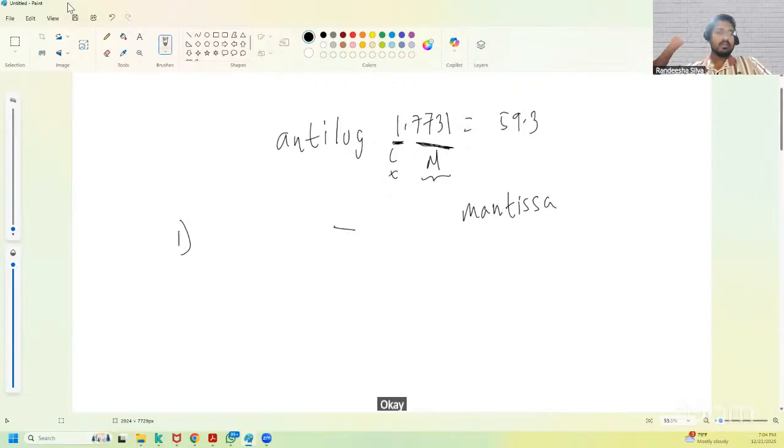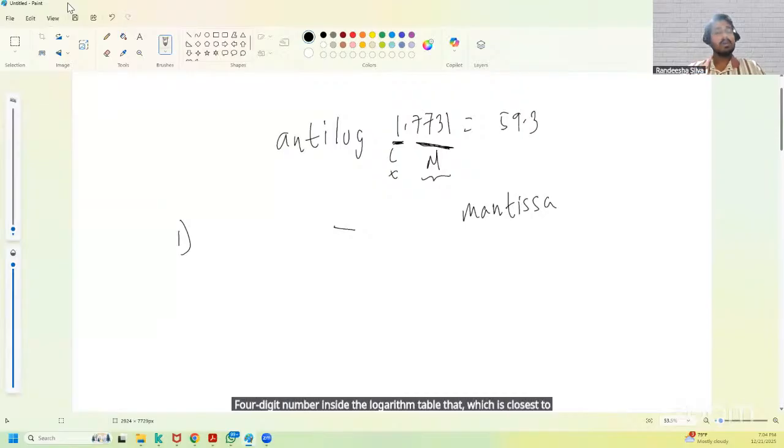Okay, so second part is you have to search in the table. You have to find the four-digit number inside the logarithm table which is closest to this mantissa, but smaller than it. Most of the time you won't get the exact number, like 7731, inside this logarithm table.